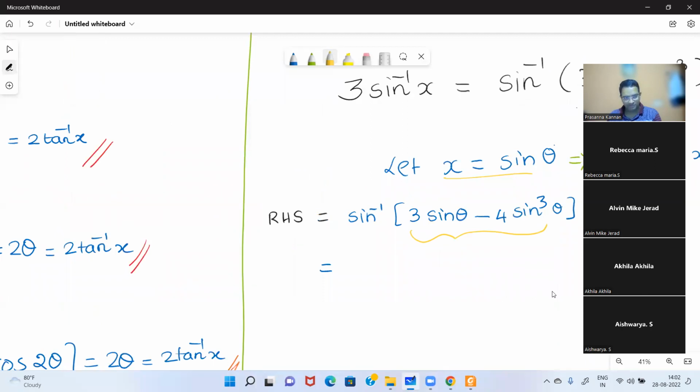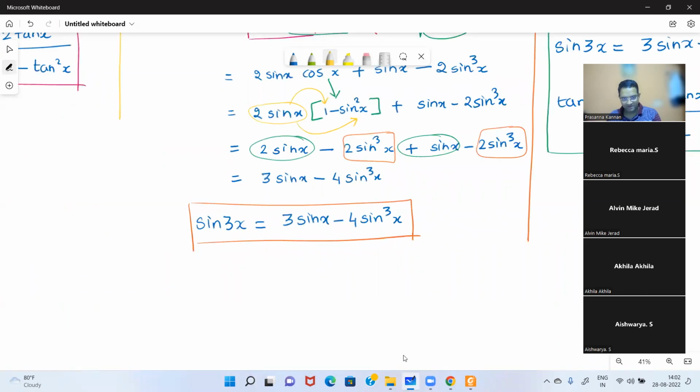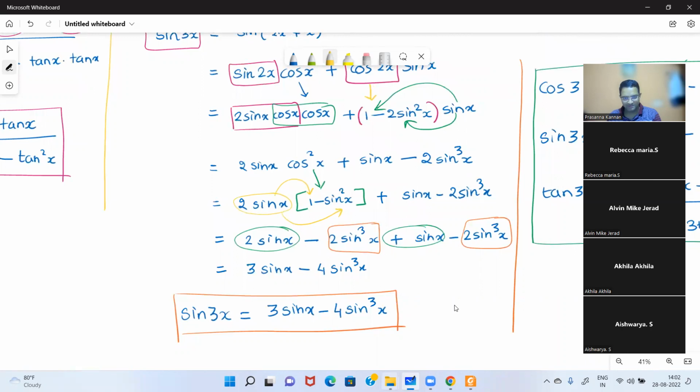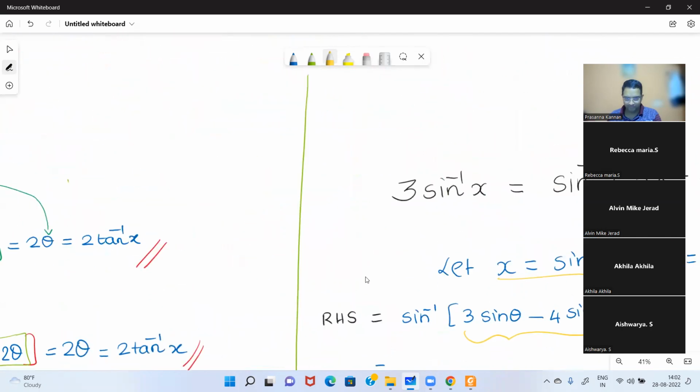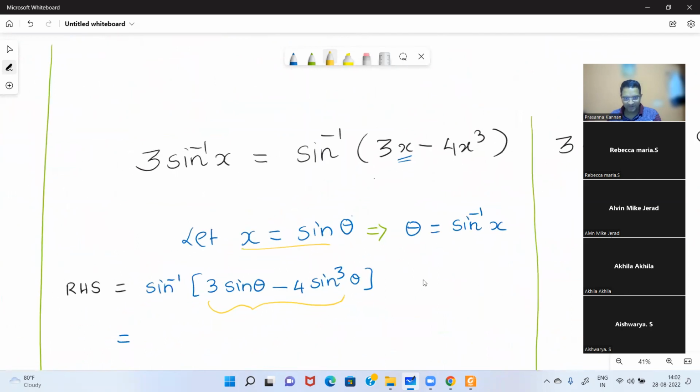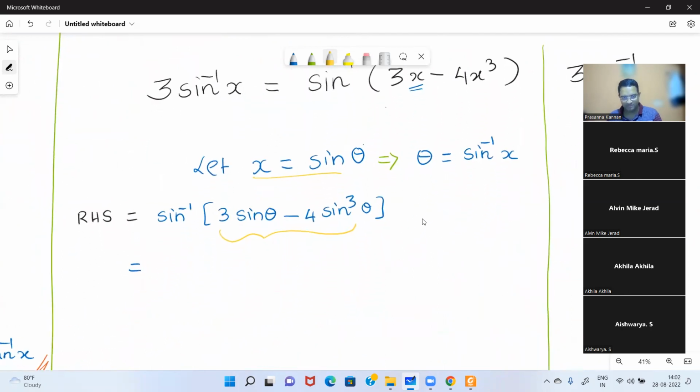We just derived it. What is sine 3x? 3 sine x minus 4 sine cube x. It's the same thing: 3 sine theta minus 4 sine cube theta. Is it not sine 3 theta?